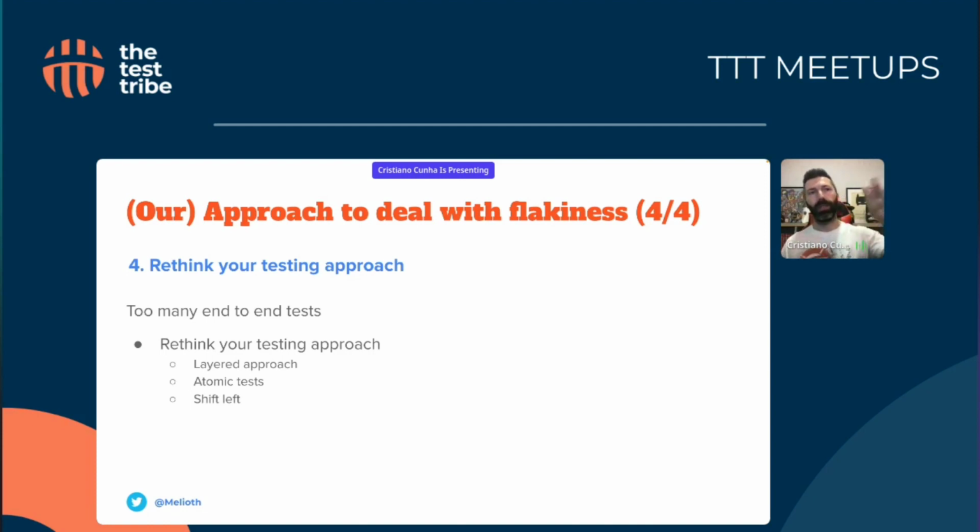Try to build atomic tests that are independent from each other, that are focused on what you want to test, and shift left. So add the amount of tests closer to the code, like unit tests that do faster validations, and that will catch most of it in the code.